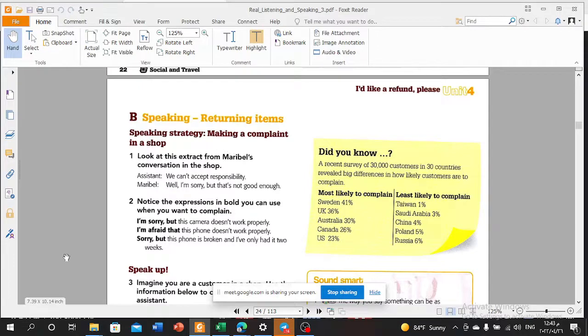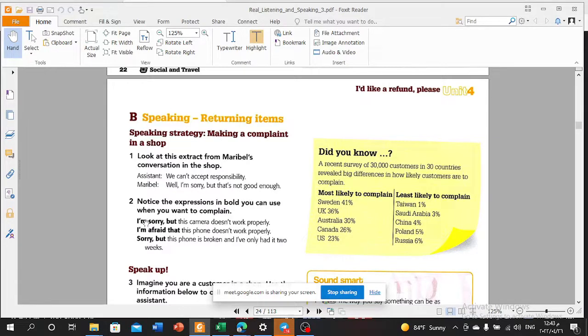There are also certain ways to start a sentence in which you would make a polite complaint to a shop assistant or to the shop owner regarding a problem you faced with the thing you have bought earlier.